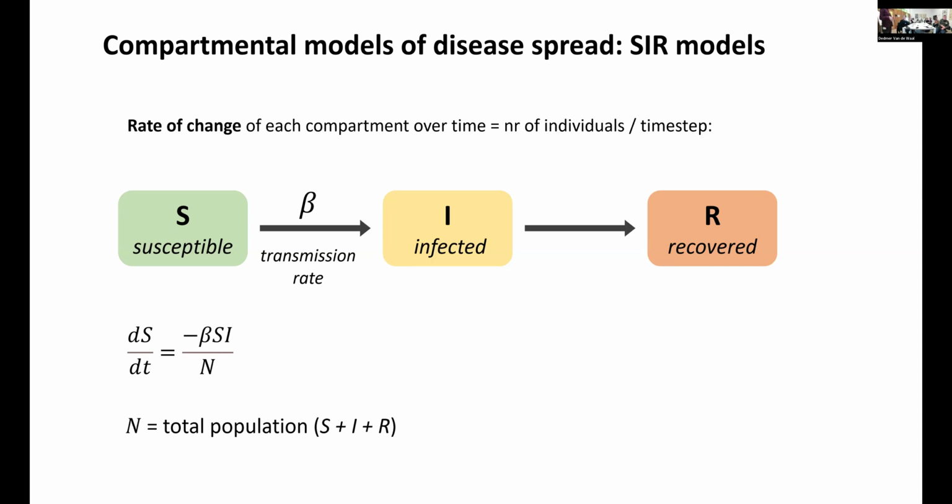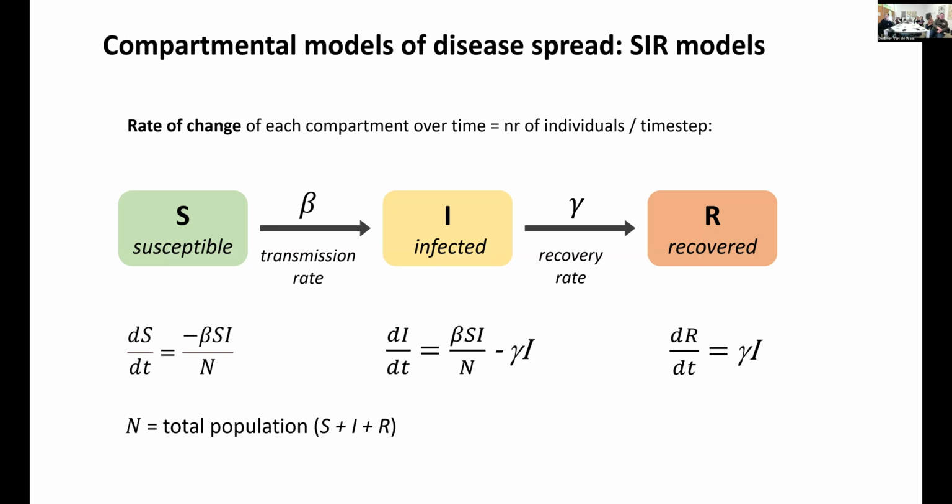That means you have differential equations of the compartments changing over time, so the rate of change, which in this case is proportional to the susceptibles times infecteds, with the transmission rate in between. In the infected, you gain whoever gets infected, but you lose whoever is recovering. And in the recovered, you gain everybody who is recovering.